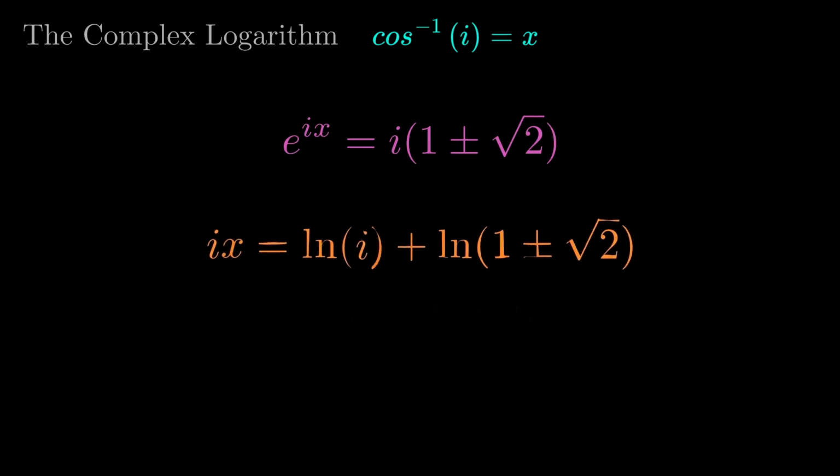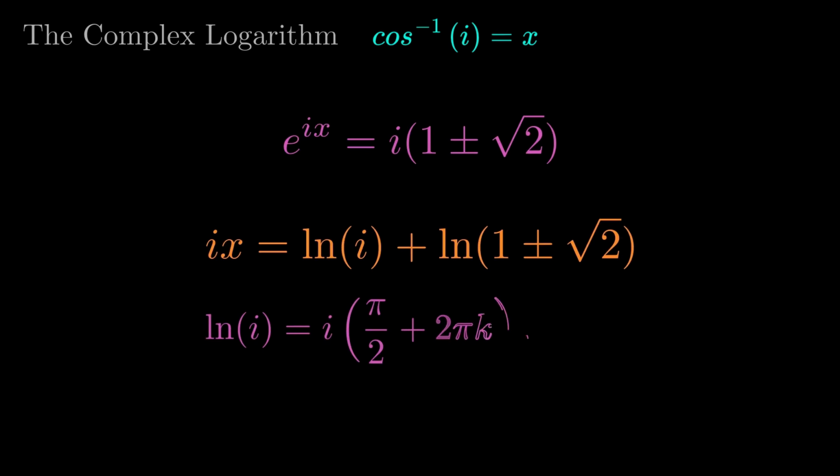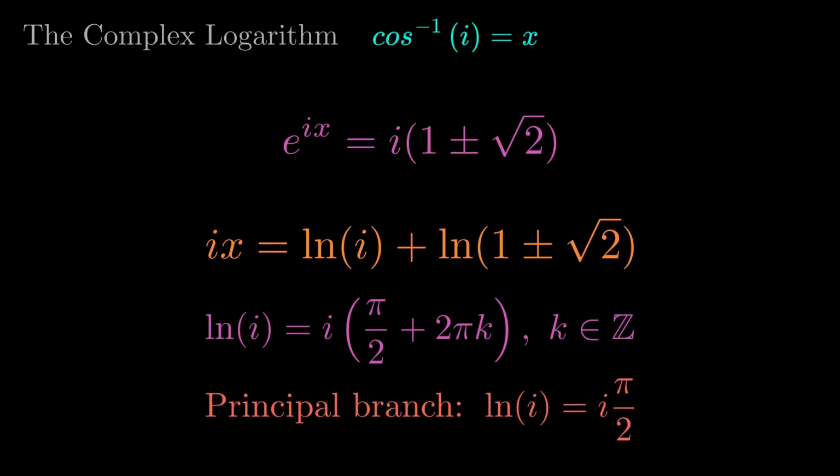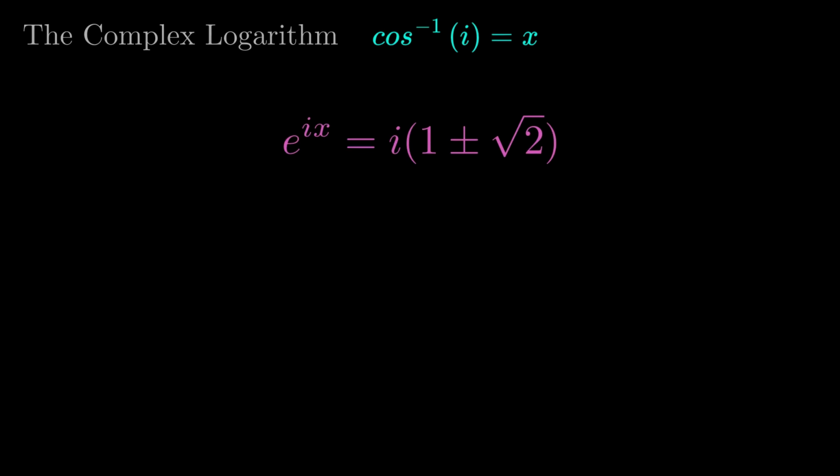Here's where complex logs matter. Logarithm of i isn't a single value. It's i times pi over 2 plus 2 pi k. But for the principal value, we take logarithm of i equals i pi over 2. Now choose the plus sign, because 1 plus square root of 2 is positive and keeps the log real.